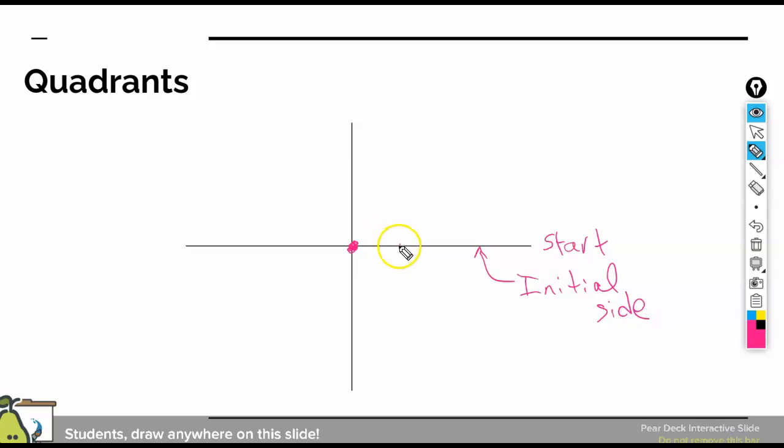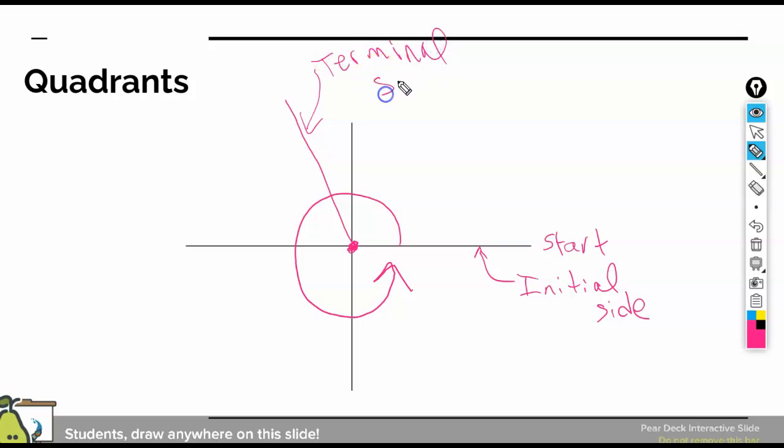We rotate around the origin in a counterclockwise direction, right? So we go counterclockwise around, and wherever the angle ends, that's the terminal side of the angle. That's where it ends. So you have your initial side and your terminal side, and we are going in a counterclockwise direction.